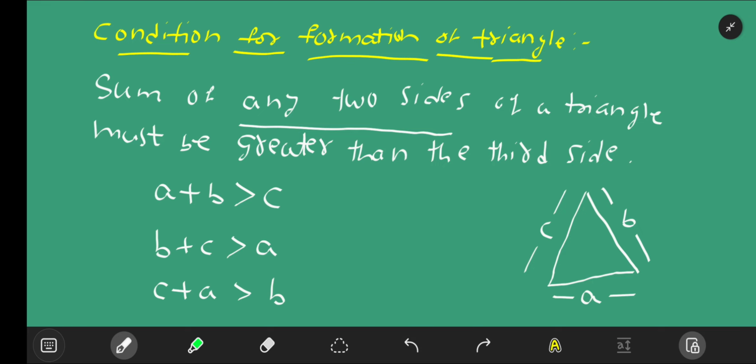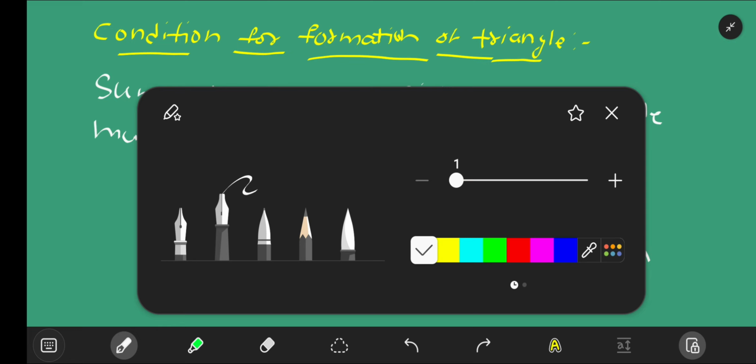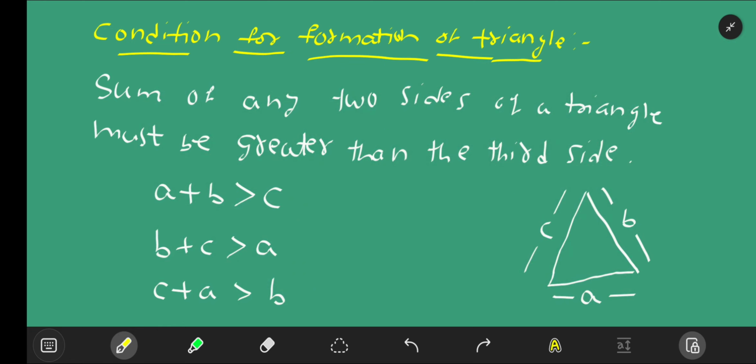Then there is a chance of forming a closed figure of three sides, that is what we call a triangle.